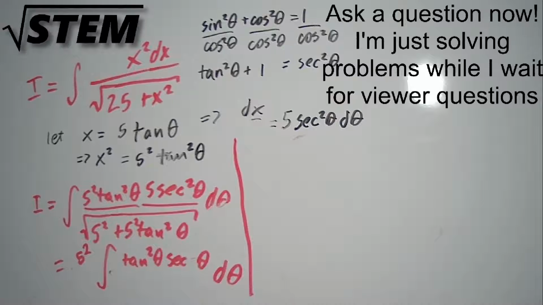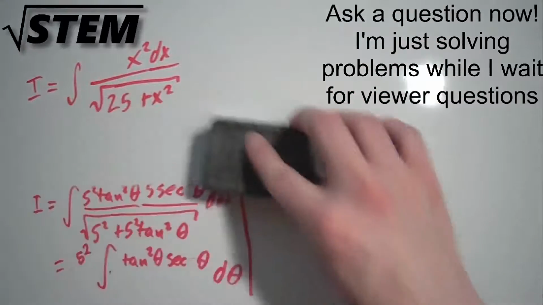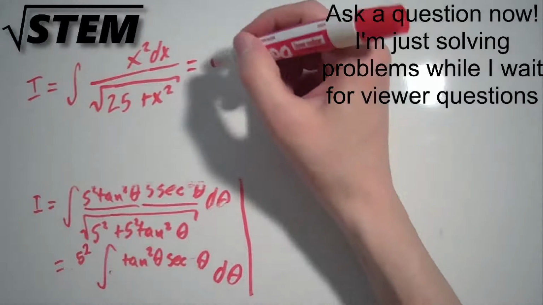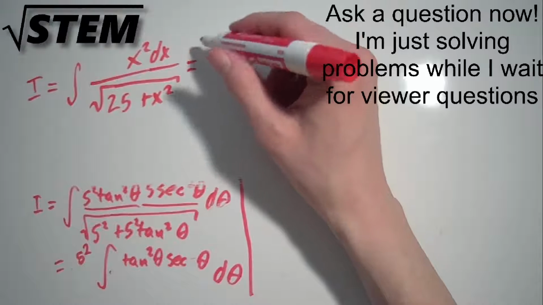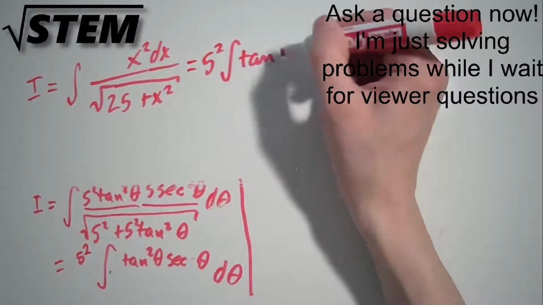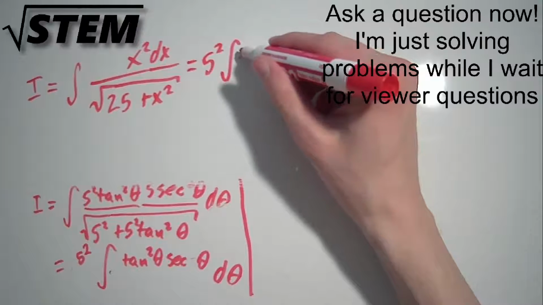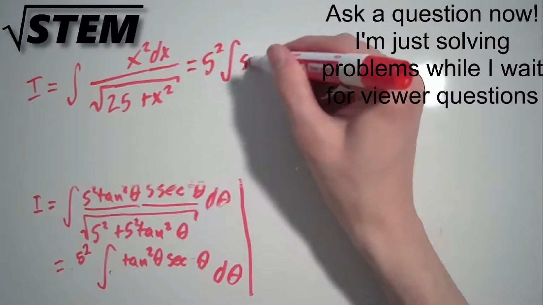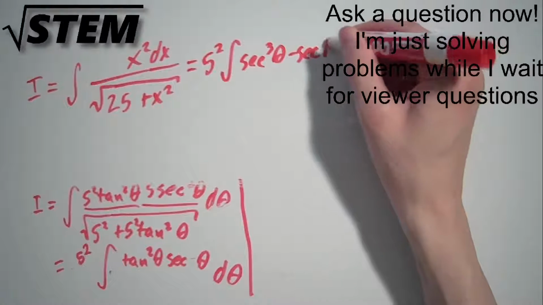I'm going to go ahead and actually move some of this farther up. So we'll say that after all of this stuff, the integral is 5 squared tangent, no. Secant cubed minus secant.